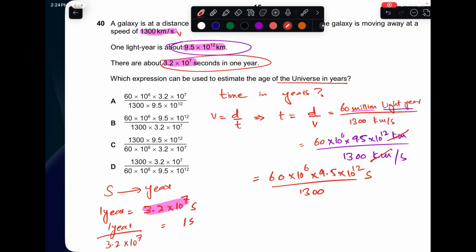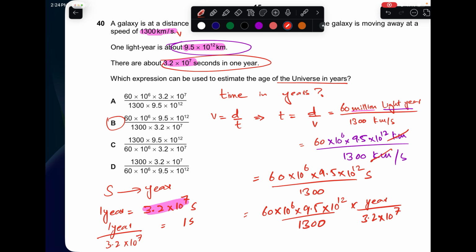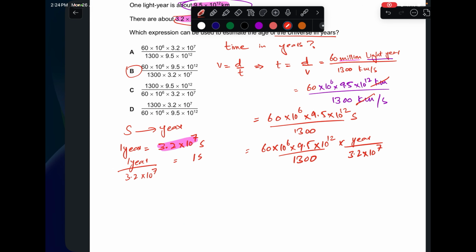So I will get 60 times 10 to the power 6 times 9.5 times 10 to the power 12 times year, divided by 3.2 times 10 to the power 7, and there is 1300. So if you match this, it is equal to this. Option B is correct. Okay, that's it. See you with the next video.